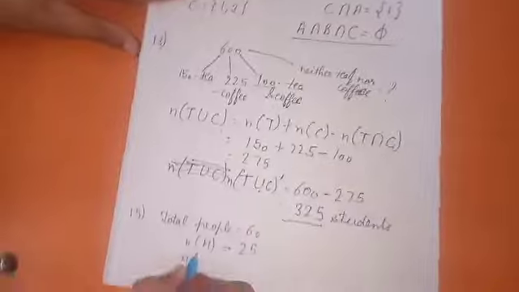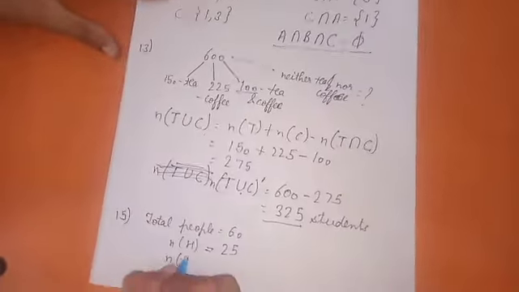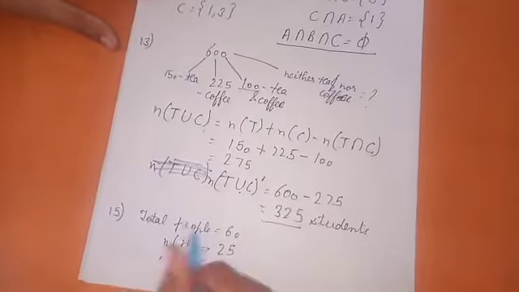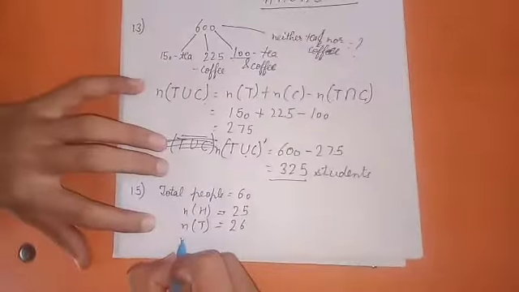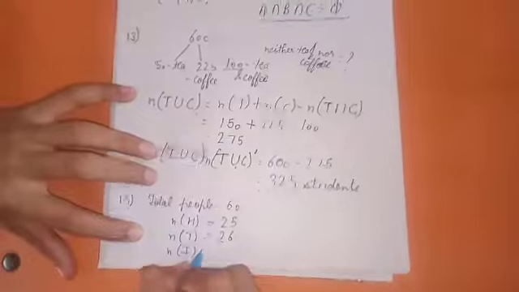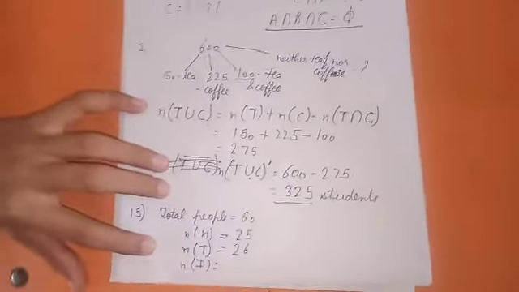Okay, similarly n of T means number of people who read newspaper T are 26.